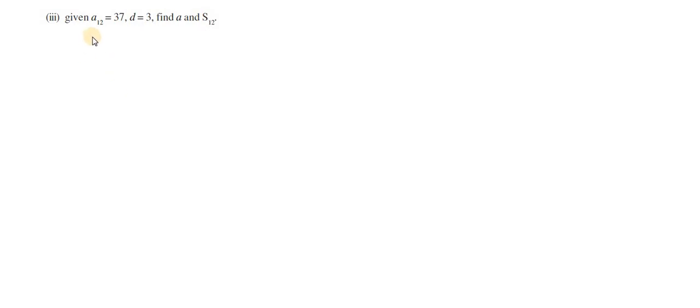Now in this problem also they give a12. a12 is equal to 37 and the d value is 3, and we need to find a and also find S12. How to find it? It's very simple. a12 we can write as a plus 11d, as we did in the last problem.